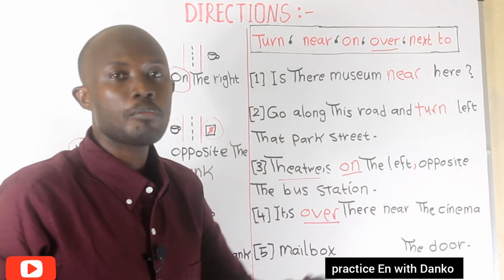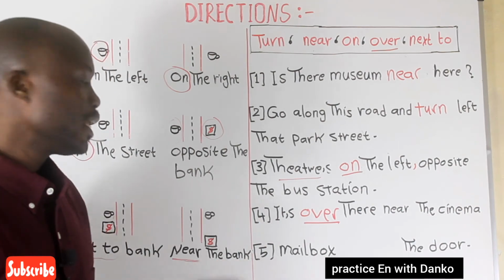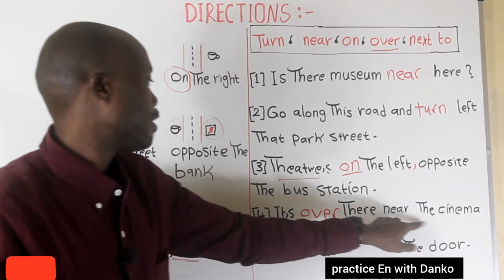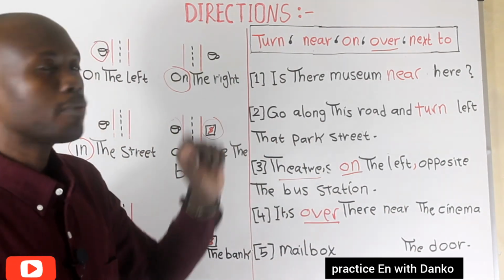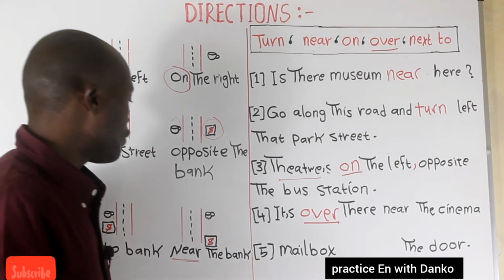So we're going to use the preposition of place over. For example, where is the supermarket? The supermarket is over there near the cinema. We're going to use the preposition of place over. Very good.